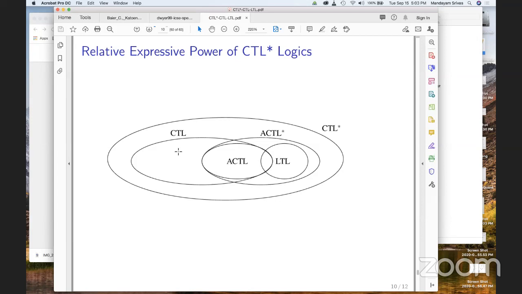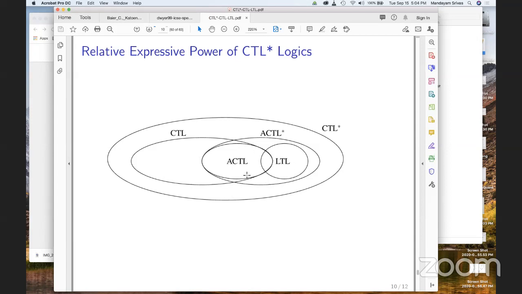We will see that f of g, the persistence property, is expressible in LTL but not in CTL, and f of ag, which is different from f of g, is expressible in CTL but not in LTL. That's why you have this kind of picture here.